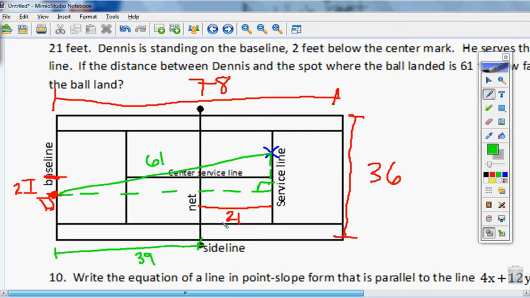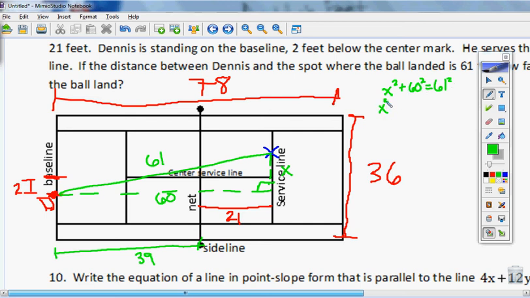Well, 39 and this 21 that we have already is going to put us right here at 60. So actually, if you look right here, the leg of this triangle would be x. So if we did x squared plus 60 squared equals 61 squared, we can solve this problem now.